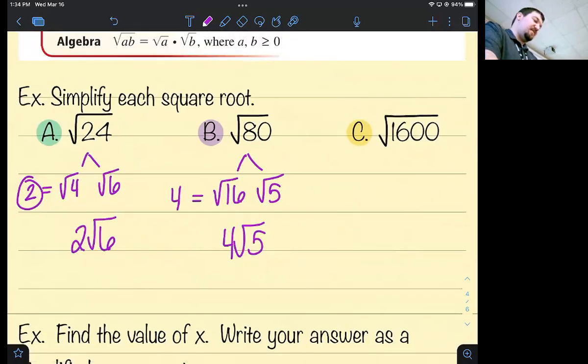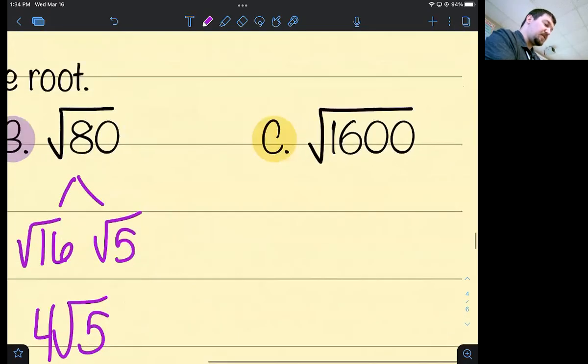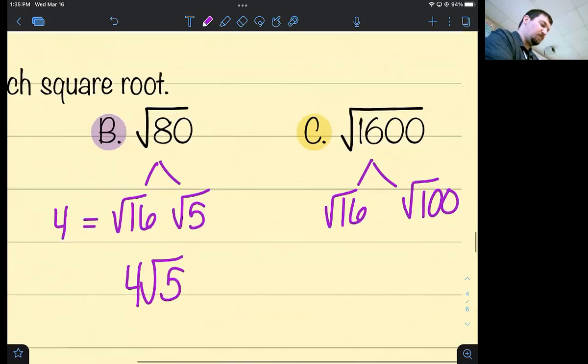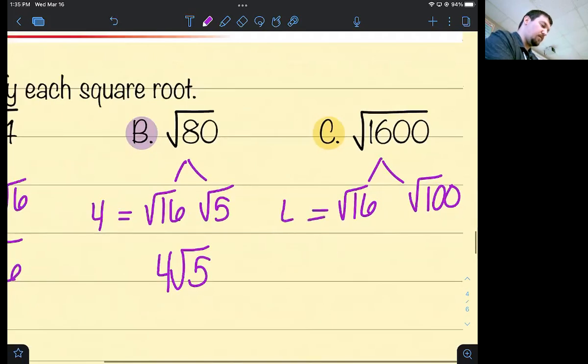What about 1600? Doesn't that 16 go in there too? Right? How many times does square root 16 go into square root 1600? And the square root of 16 is 4. Can square root of 100 be broken down? What perfect square goes into 100?